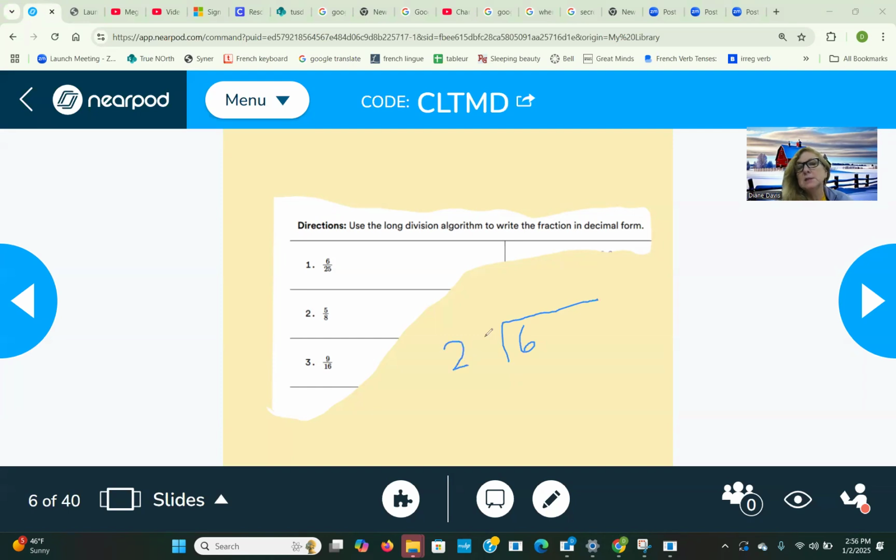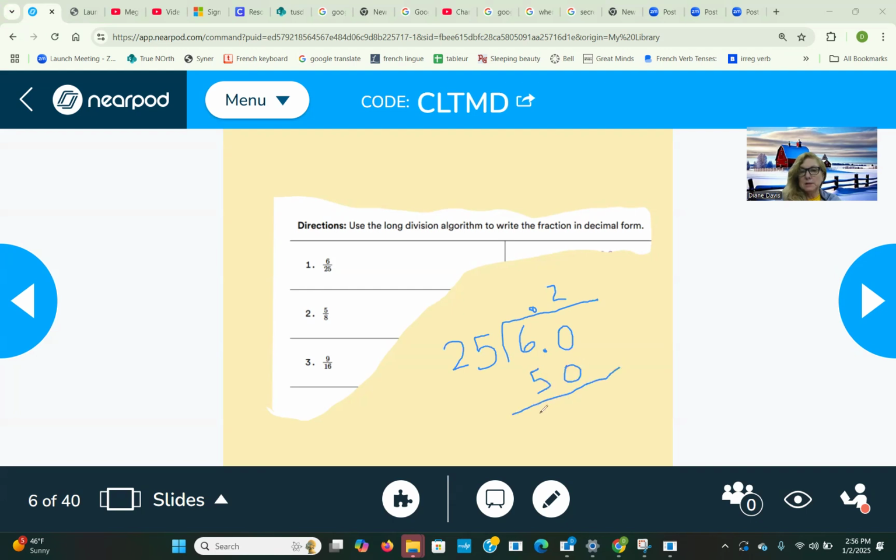6/25 means 6 divided by 25. So the way you do that is you say 25, of course, can't go into 6, so you put your decimal point here, pull it up here to the answer. Start adding zeros because you can add as many zeros as you want to the right of the decimal and it not affect the value. So 25, now I can divide. 25 goes into 60 2 times. 2 times 25 is 50.